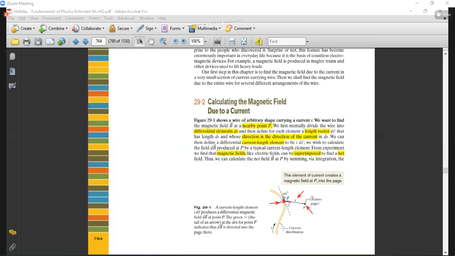So for this purpose, first of all, you can see here that the current is moving in the upward direction. So we will use the current length element. Current length element means that we will take this I ds here, which is current times the length element ds.